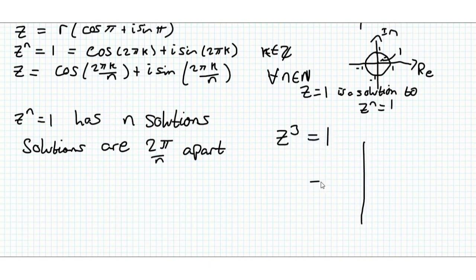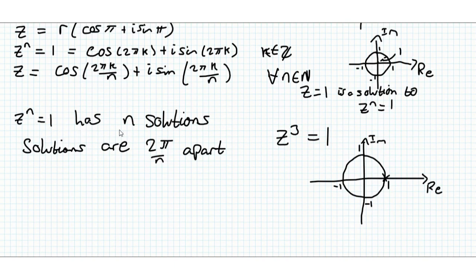So this is 1, minus 1, real on the x-axis this time, imaginary. So we know from rule 1 this is a solution. We also know we're looking for 3 solutions, and these have to be equally spread out, okay, across the circle.